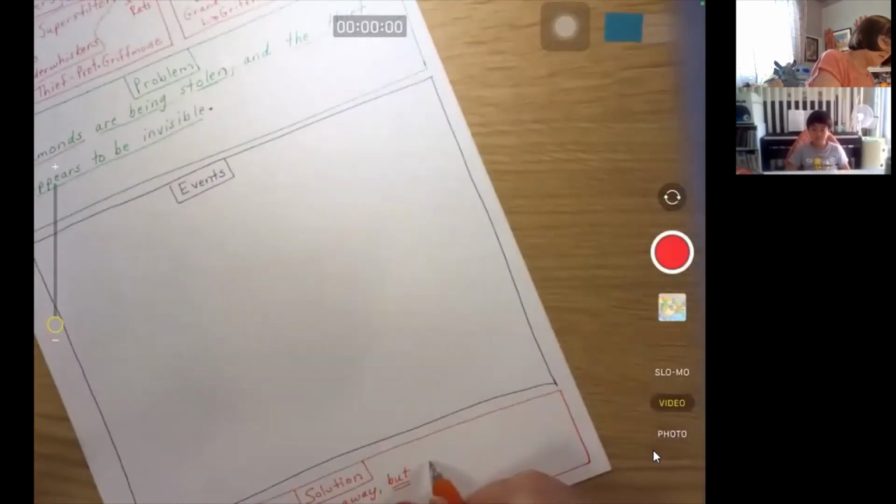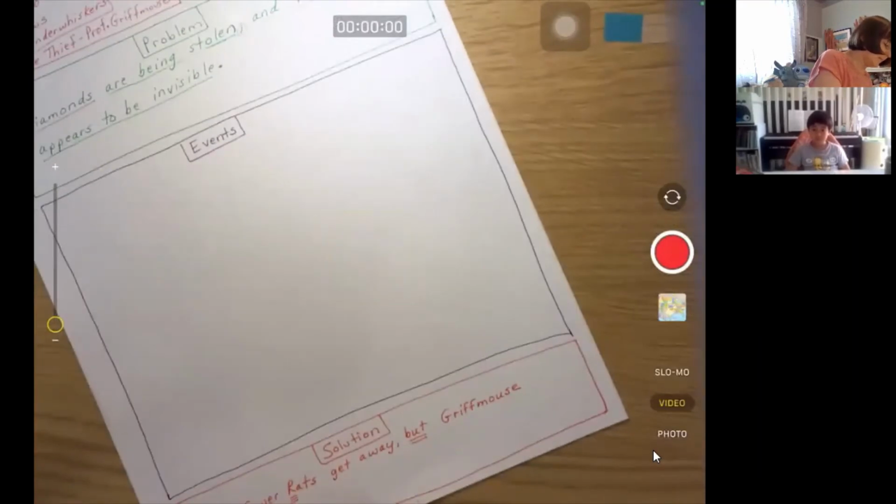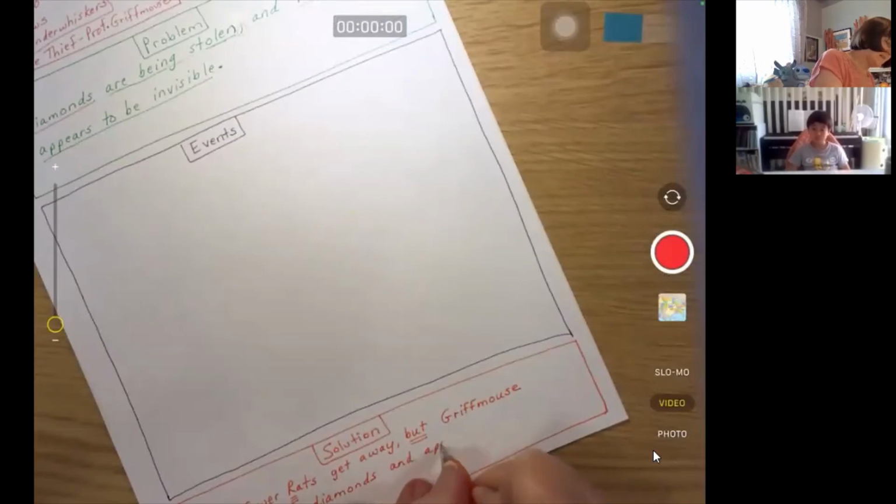Swift Mouse returns the diamonds and apologizes. That means he says he's sorry.